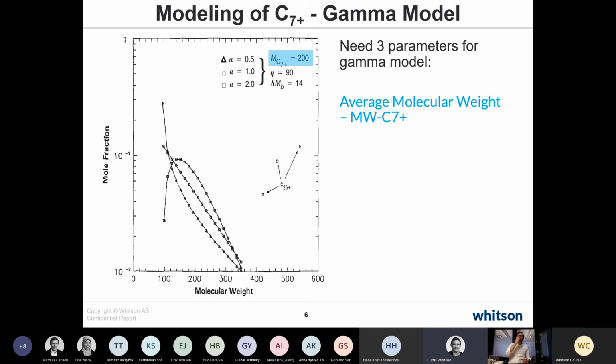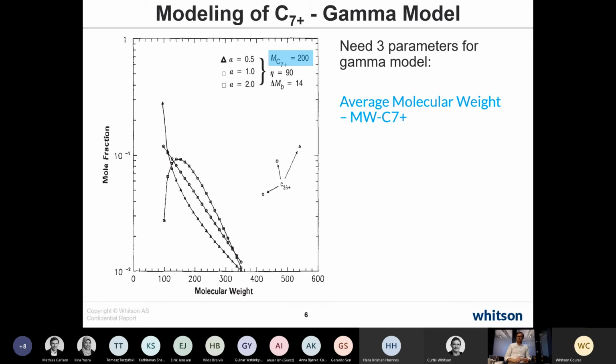Between then and now, you get 40, 50 components, and then you always got the same 11 components with no resolution on this very important heavy C7 plus. I think that's probably why it was so timely. Very good point.